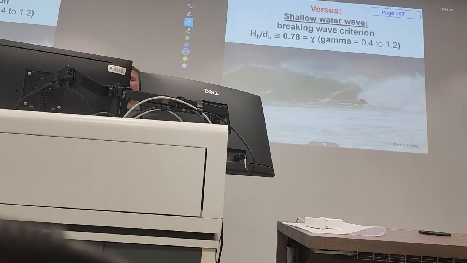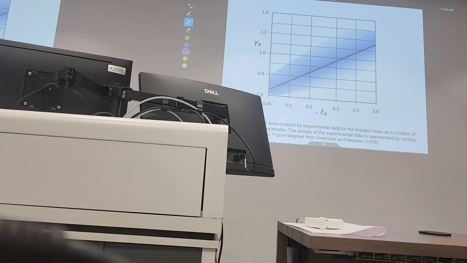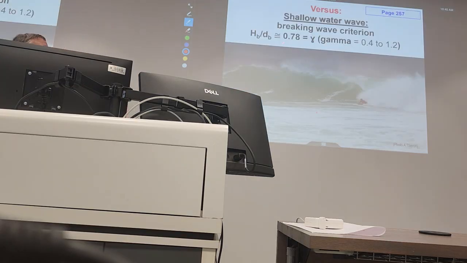In reality, this gamma is something between 0.4 and 1.2. You can see from experimental output what has happened to the gamma value. For our basic calculations, we will stick to the 0.78. But if you're going to do something in practice or some design work, you'll have to see exactly the influence of this gamma depending on the coast or whatever you need.